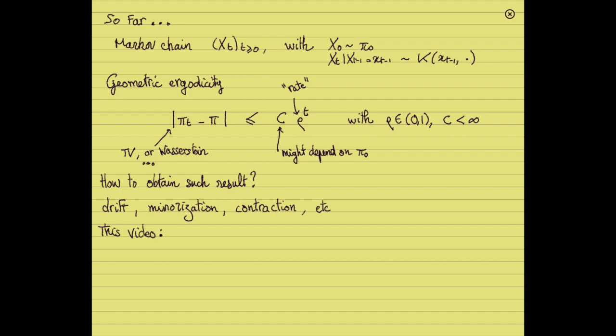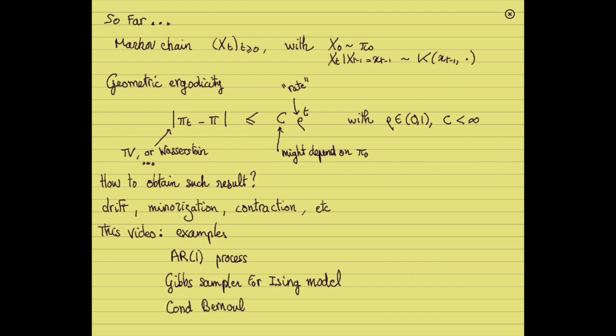In this video, we will look at specific examples where we will try to obtain the rate and the constant in the geometric ergodicity result. In particular, AR1 processes, a Gibbs sampler for the Ising model, and quickly a Markov chain for the conditional Bernoulli distribution. So we will use some of the techniques seen before and also we'll see a few new techniques.